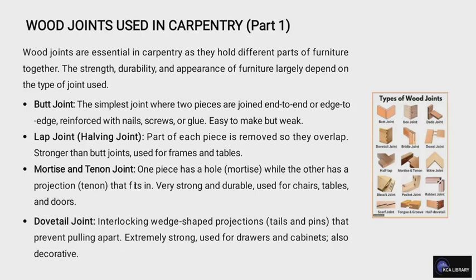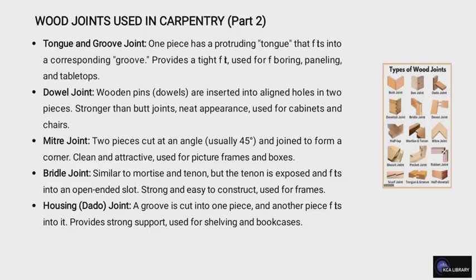You have the dovetail joint, and it's actually an interlocking wedge-shaped projection, including the tails and pins, and that prevents pulling apart. It's extremely strong, used for drawers and cabinets, and it's also decorative. We also have the tongue and groove joint.